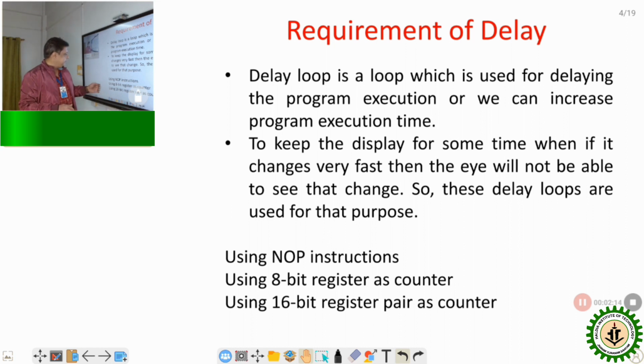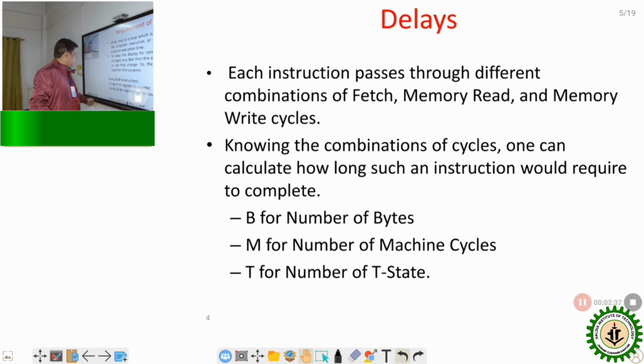The second way is by using an 8-bit register as a counter. Another way is by using a 16-bit register as a counter. These ways go from top to bottom based upon the delay time which is required to be generated. We will be seeing it in our next slide.